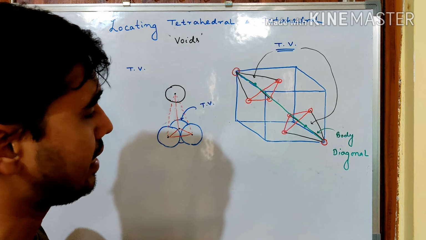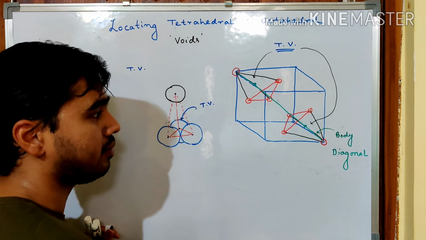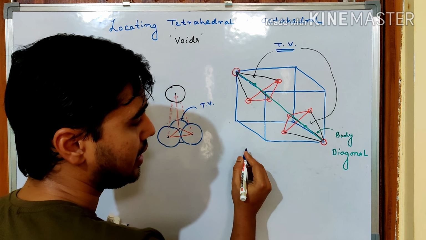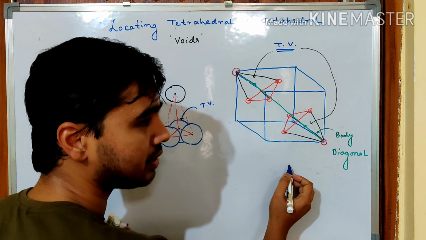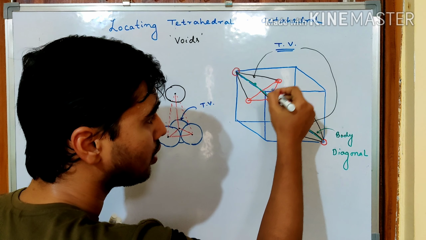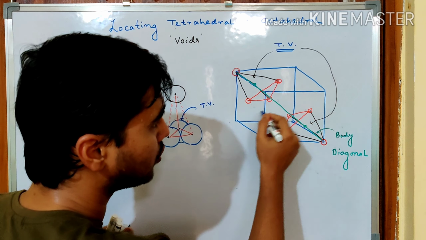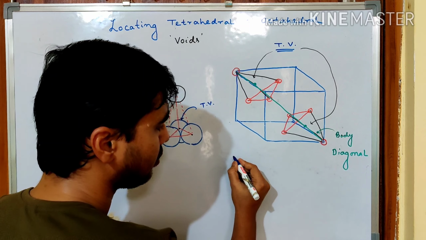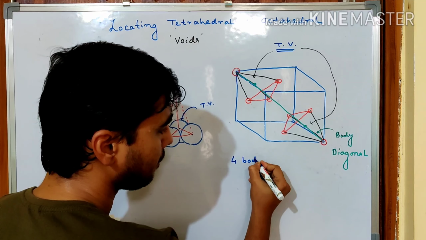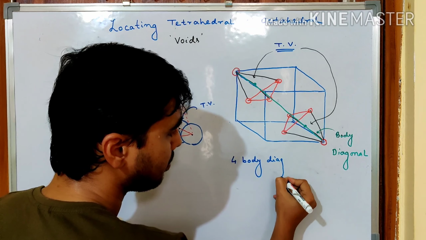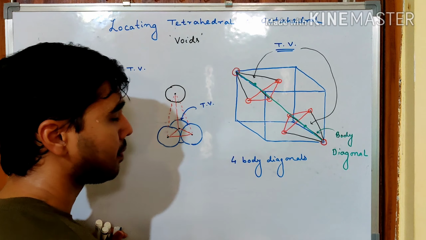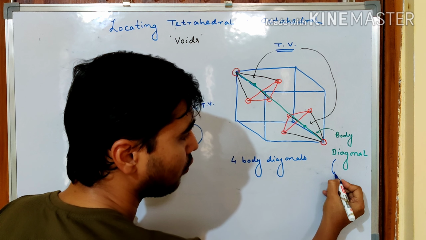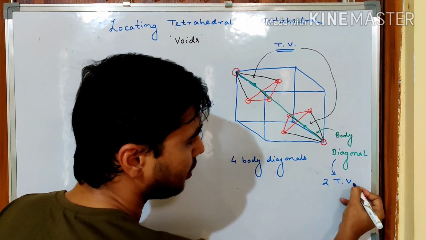Now you tell me, in an FCC lattice or in any unit cell, any cubic lattice, how many body diagonals are present? There are 8 corners, so there will be 1, 2, 3, 4 body diagonals. So there are 4 body diagonals, and since there are 4 body diagonals, each body diagonal will have 2 tetrahedral voids.